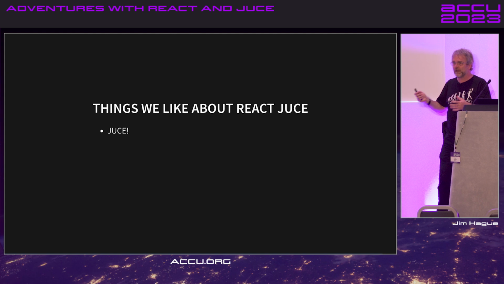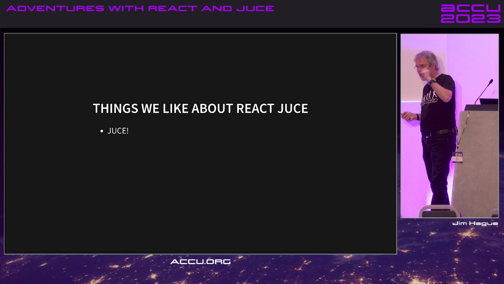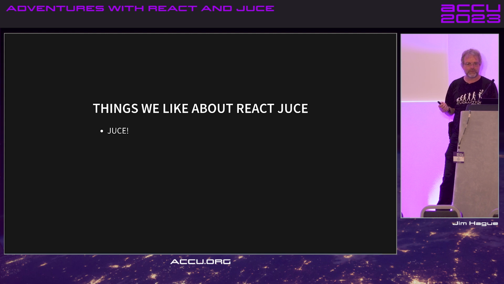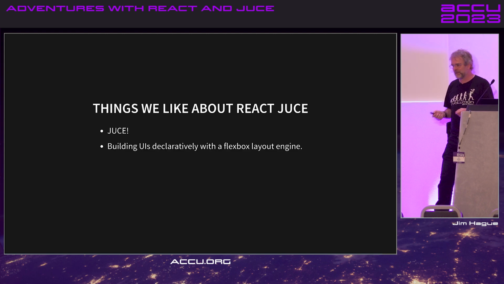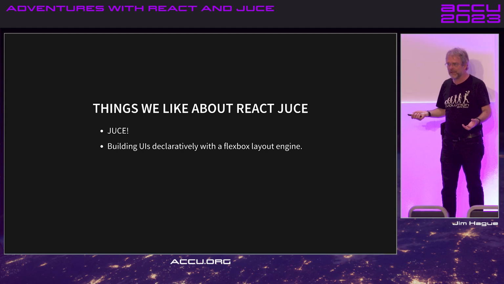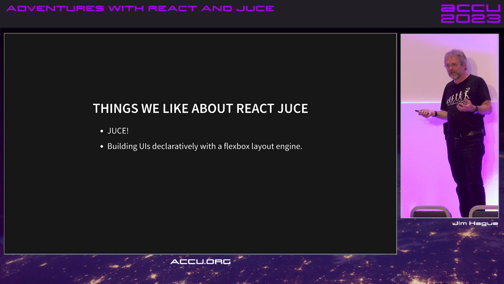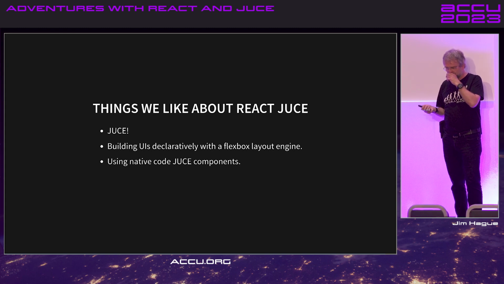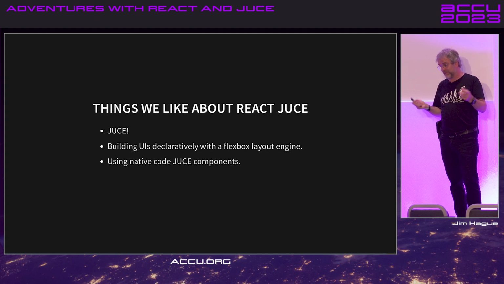So you've got flexibility. You don't have to do everything in React if it suits you to do it another way. It lets us build UIs declaratively with a flexbox layout. And that actually is a nice thing to do. I said it lets us use native code JUCE components.